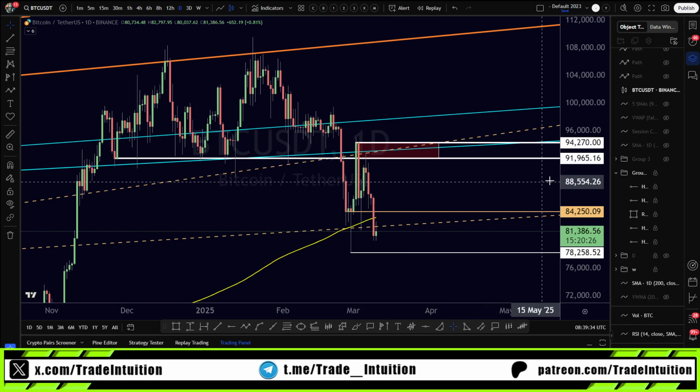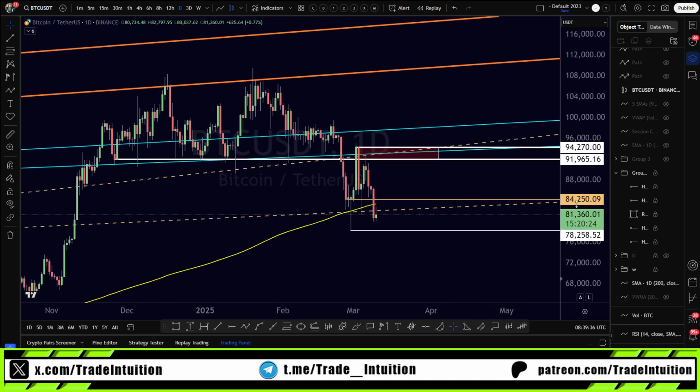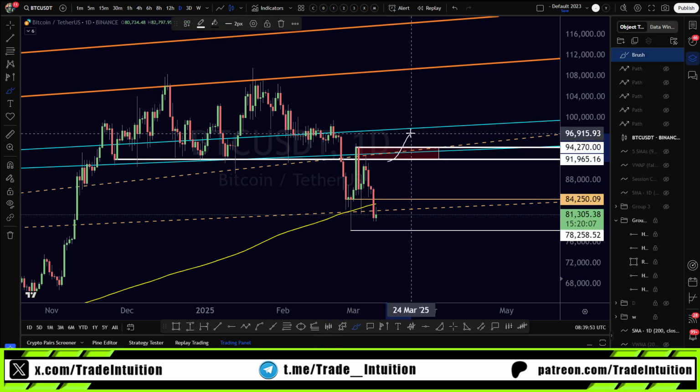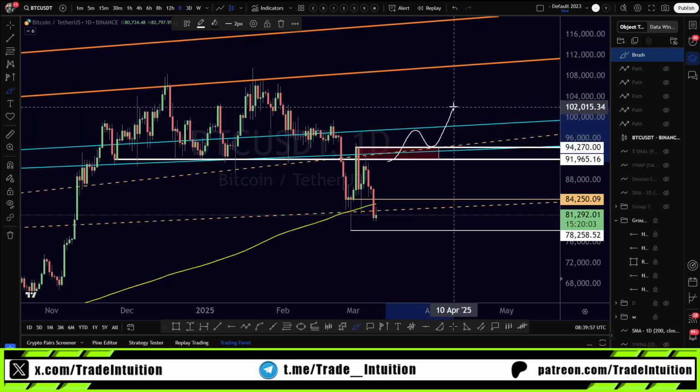In order for me to be bullish on Bitcoin, macro, the bigger picture, price action must break above 94,270. Once it breaks above, this is what I'm looking at. Price action breaks above, gets rejected by this trend line, comes back down, comes back up.